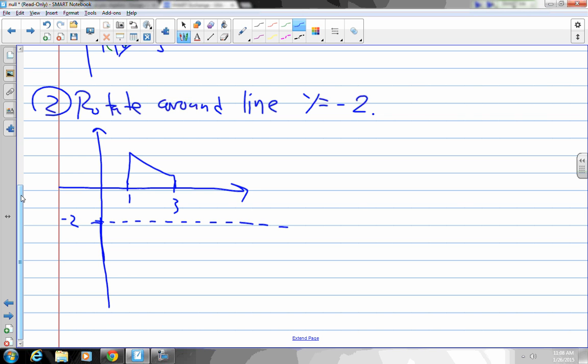So we'll rotate around that line. So we get a thing like that with a hole in the middle.